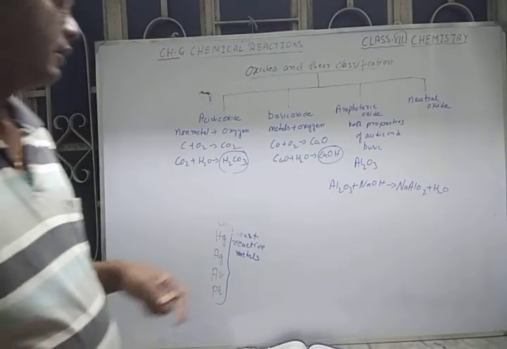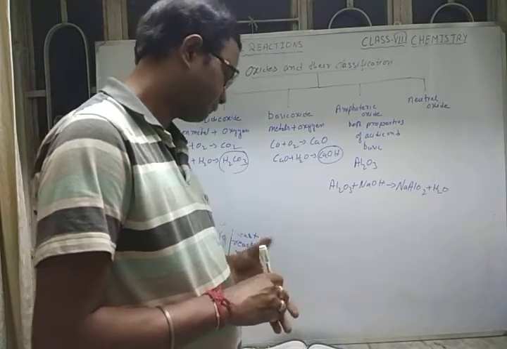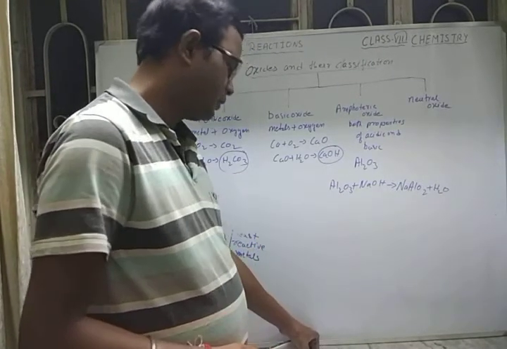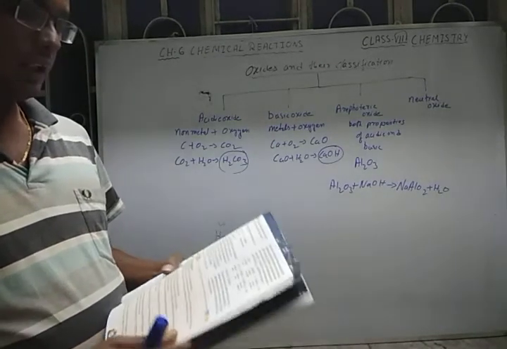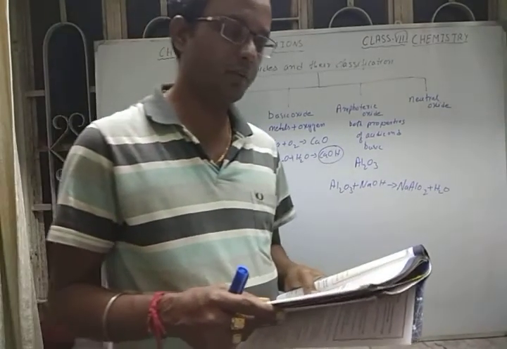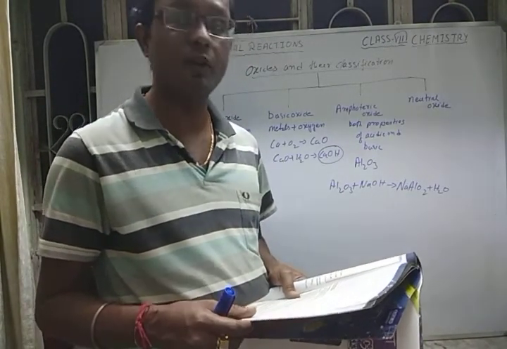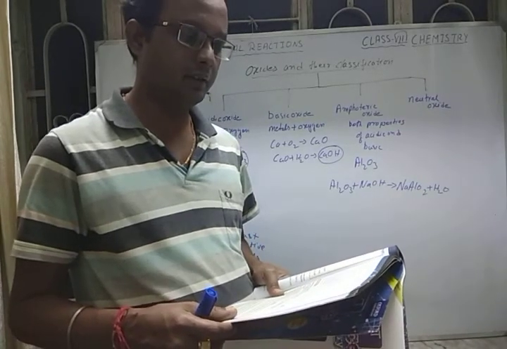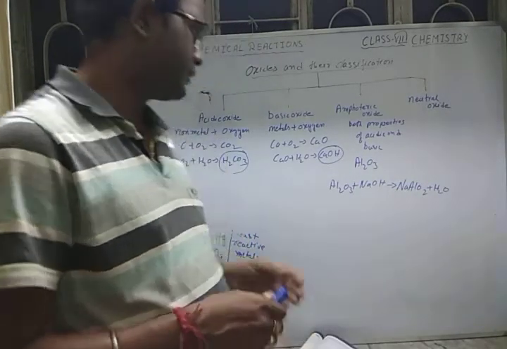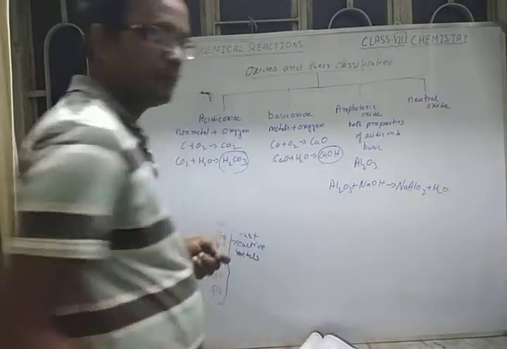So the amphoteric oxide produces sodium aluminate. Since it reacts here with a base, sodium hydroxide, when the same dialuminium trioxide reacts with an acid, what will you get?